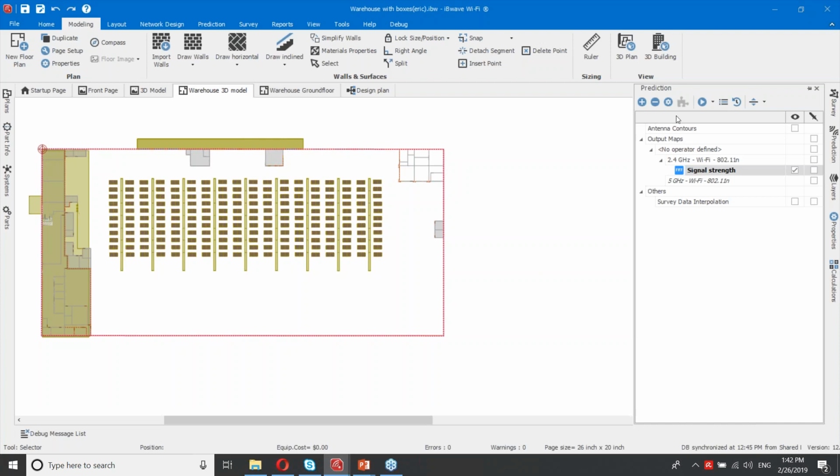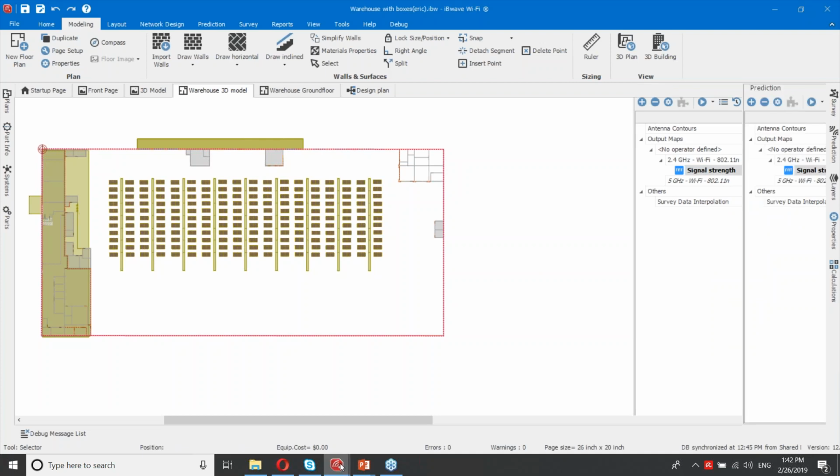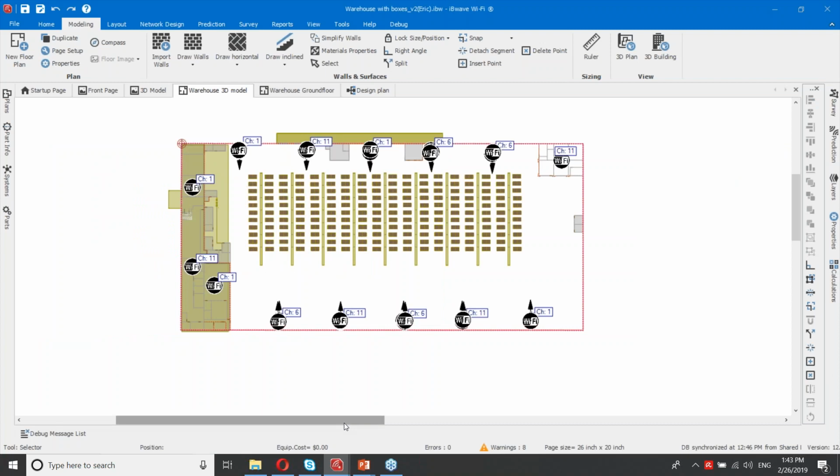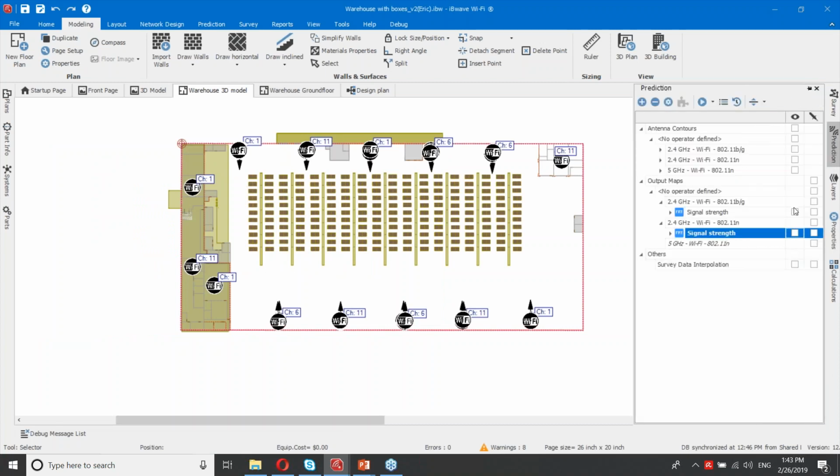Oh, this is N. Okay, so yeah, I know what this is. This is the wrong one. Yes, this is the one. Okay, so this is the signal strength prediction for B and G.